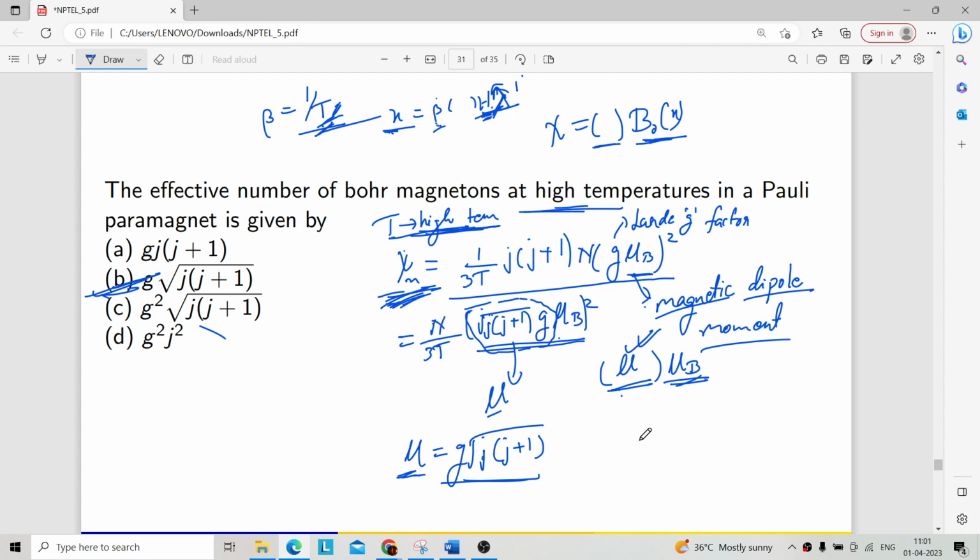Similarly, if you have low temperature, then there is some susceptibility form also, which is linearly dependent on J. So you can take the coefficient of mu B as the magnetic moment. In this case, the magnetic moment will be linearly dependent on J, not the root. So this is for low temperature.